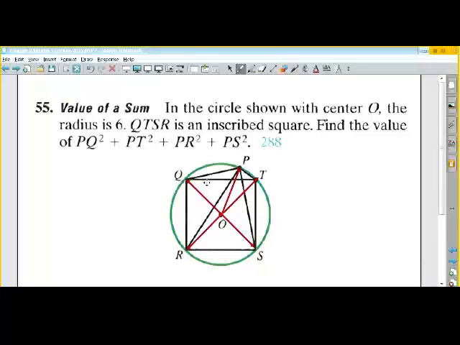So this angle's 90 degrees right there. And you can do this, so which one was I using? These 2. No, these 2.